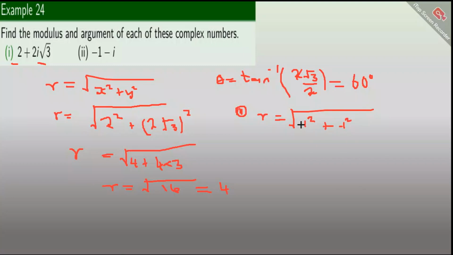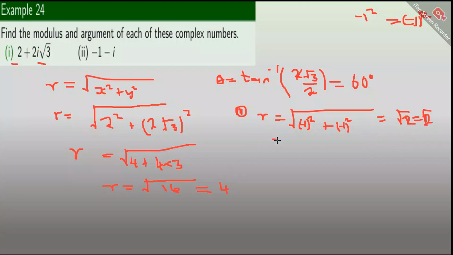They are negatives, so they're supposed to be in brackets like this, because definitely this is not equal to this. So they will become positive, and this is going to give us 1 plus 1, which is 2, the root of 2.